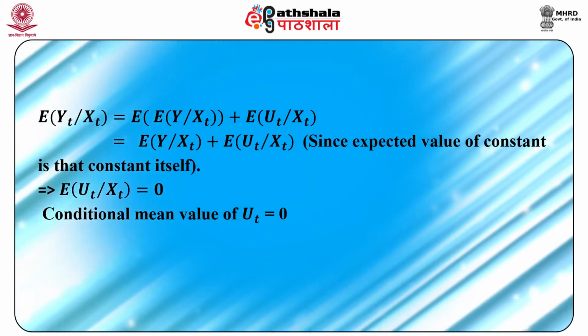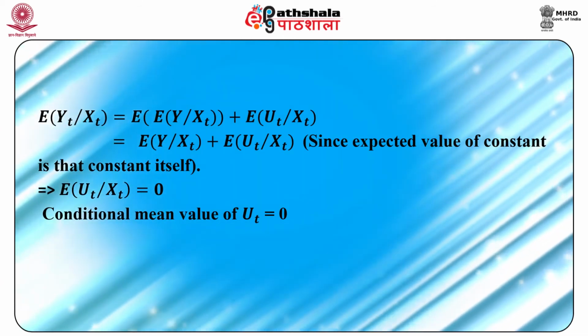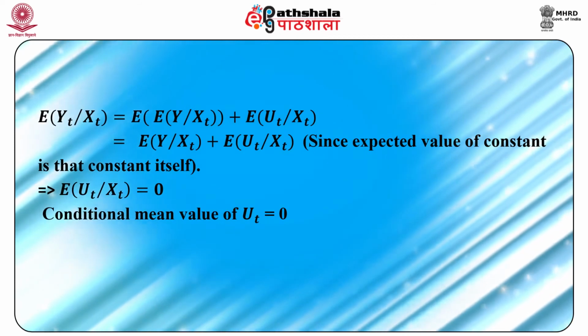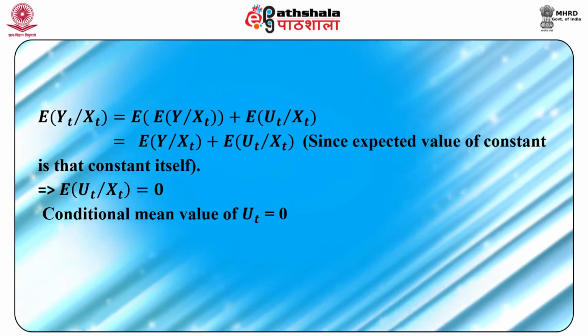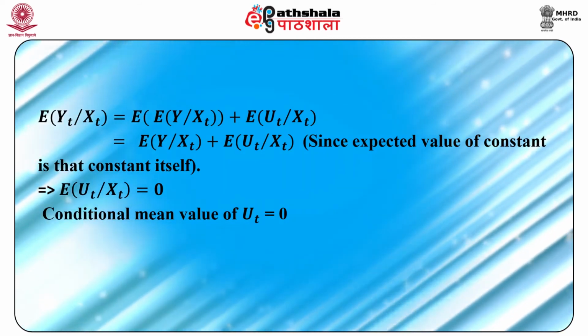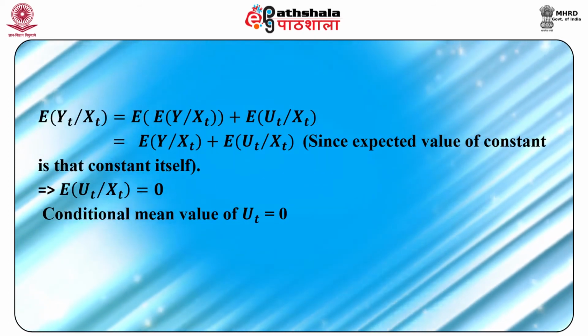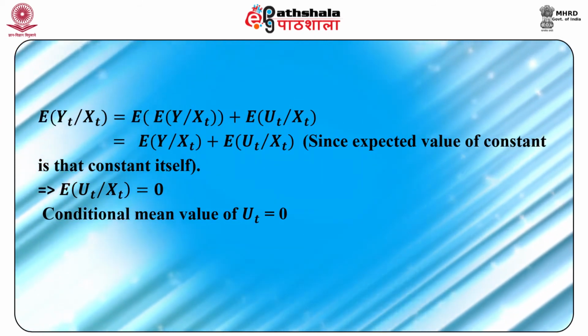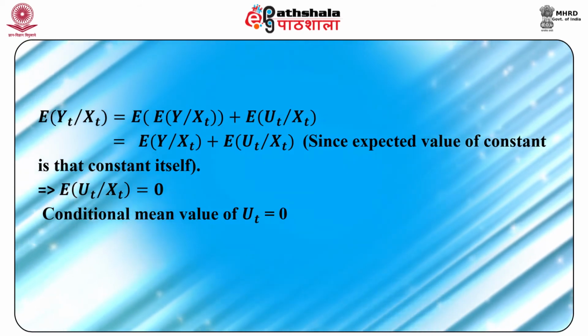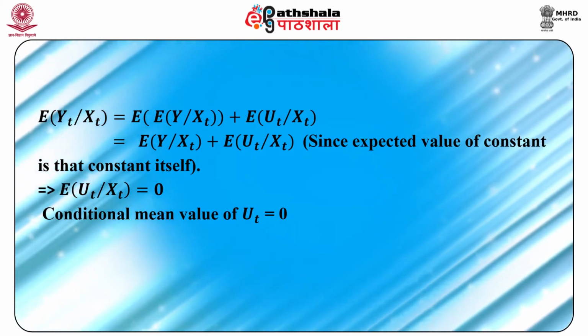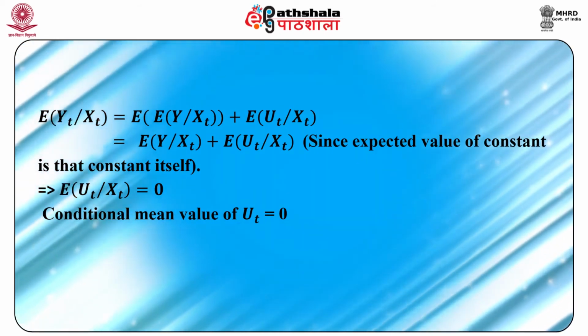Now, the right hand side is reduced to expected value of y given xt plus expected value of mu t given xt, because expected value of a constant is the constant itself, and therefore there is no change in the first term. Now, since we know that yt upon xt is equivalent to expected value of y upon xt, we get expected value of mu t given xt equal to 0.